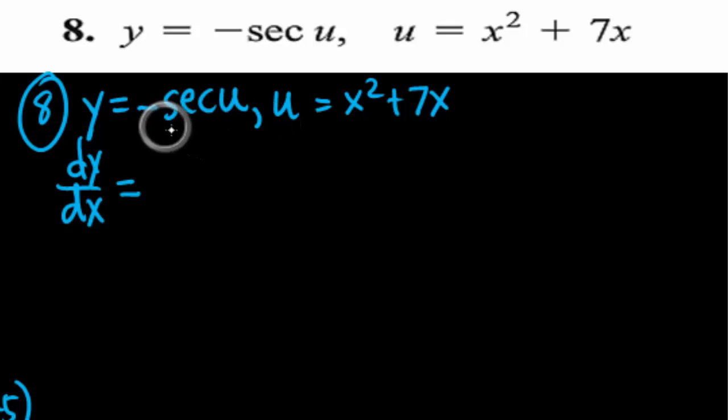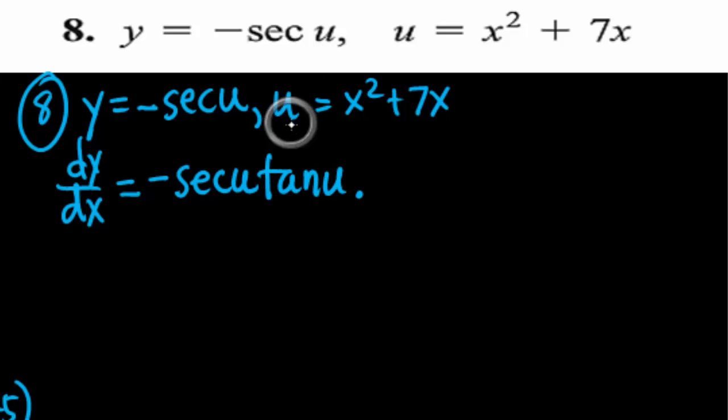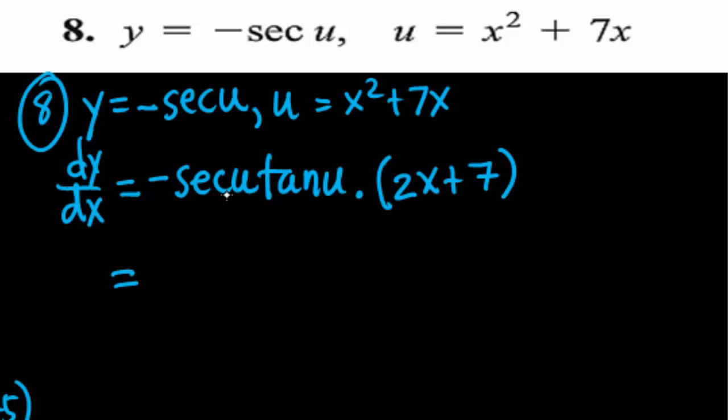What is the derivative of negative secant of u with respect to u? It's negative secant u tangent u multiplied by the derivative of u with respect to x. It's 2x plus 7. And then the rest is just rewriting, applying now the composition.